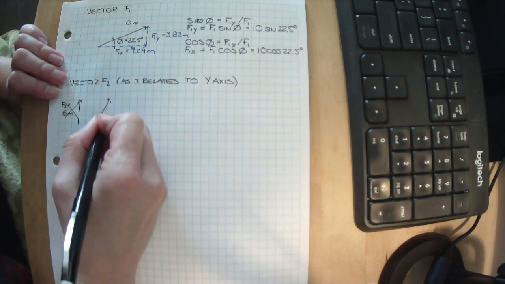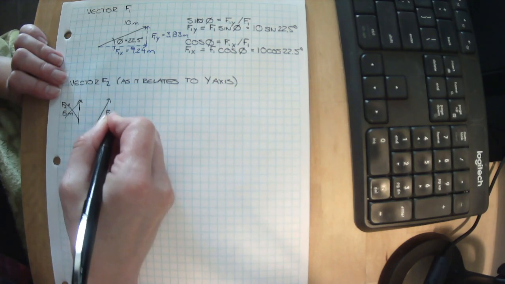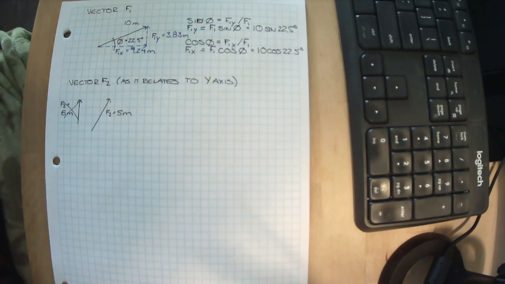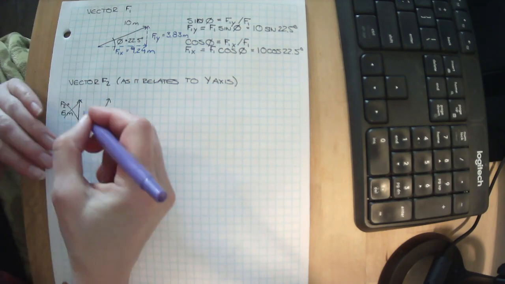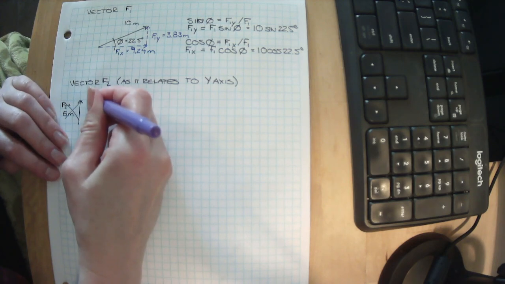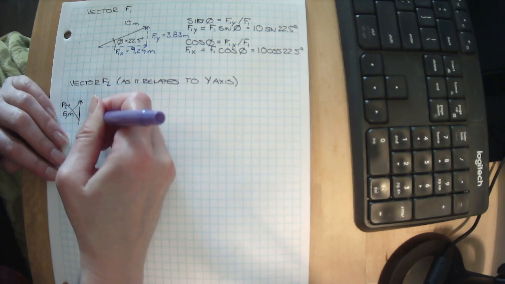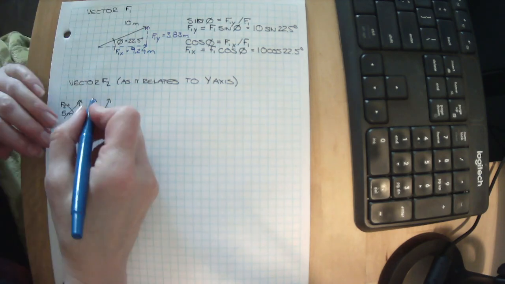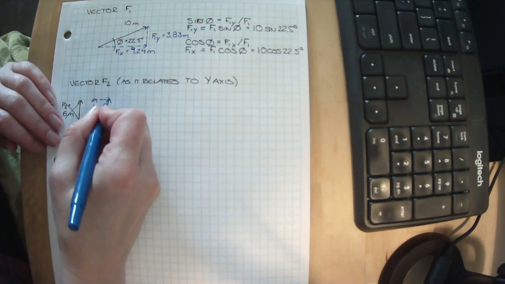There is our F2 equals 5 meters. And I'm using purple to draw our y-axis, and blue to draw our x-axis.